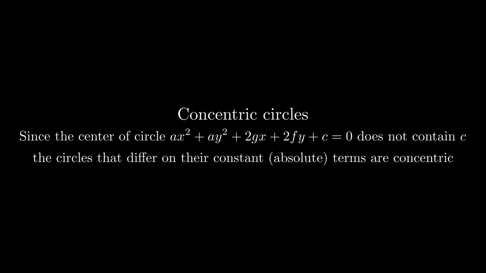If a is the same, if g is the same, if f is the same, but c is the only thing changing between different equations, then you can tell that these equations denote circles that have a common center but different radii. So just an extra thing to be aware of. This is important to note, and we'll keep building on these facts.